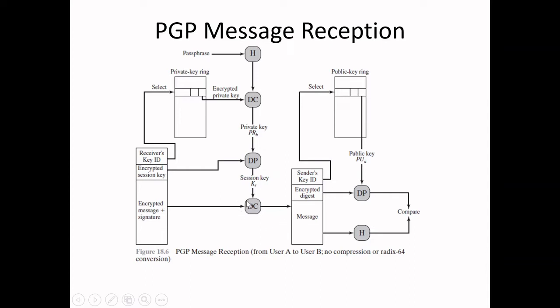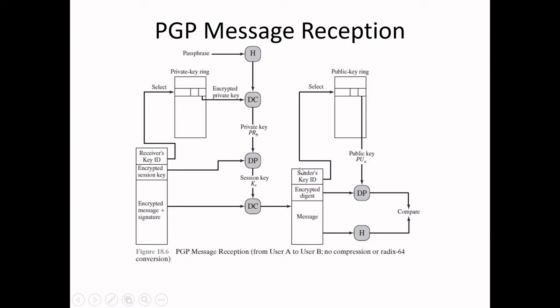Once we get the decrypted message, we can go for the verification of the signature part. We know the private key of A has been used for encrypting the hash code, so the corresponding public key has to be used.